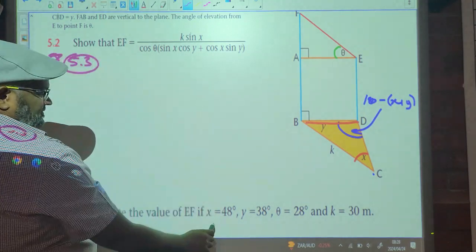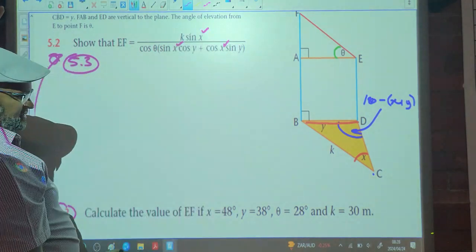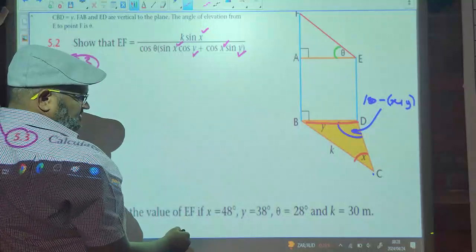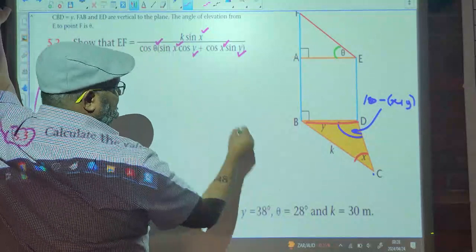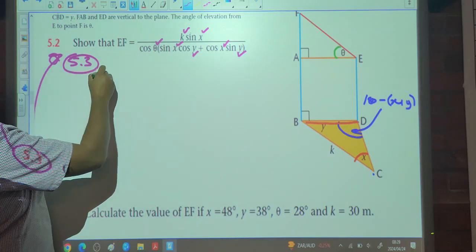If X is 48, so I got the X's. Y is 38. Theta is 28. And K is 30. People, I got the whole story. Not so. So from here it is a simple substitution.